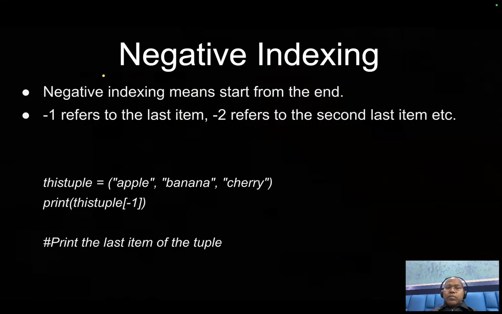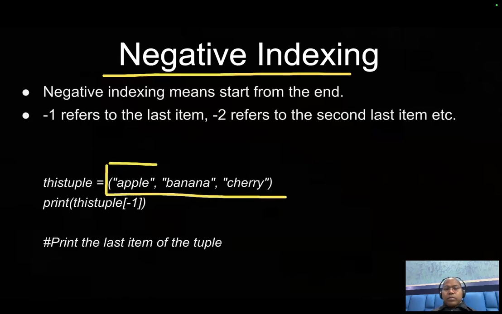And there is also the concept of negative indexing. Let's say you have a tuple with three elements. They have two concepts. One is the positive index, that is 0, 1 and 2.